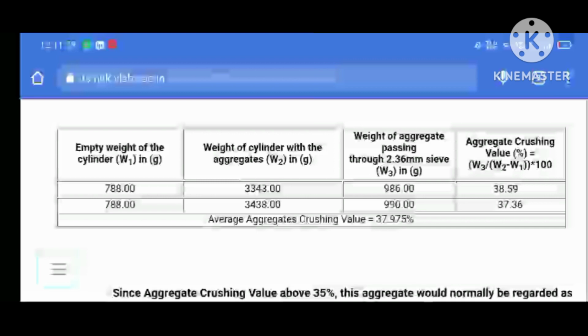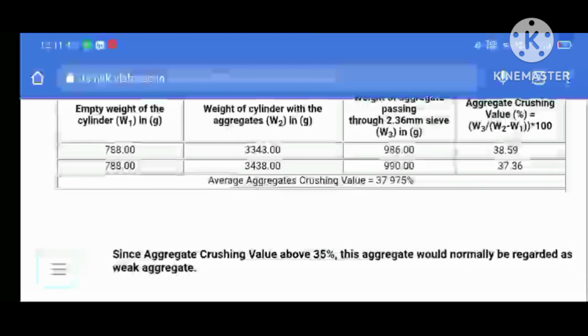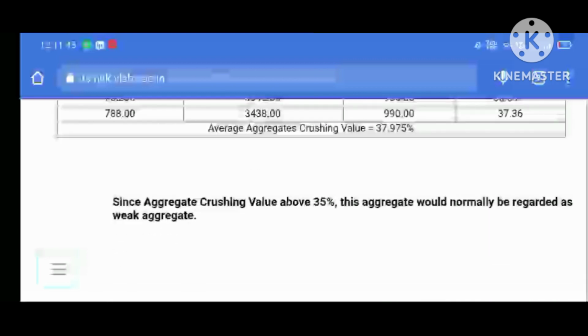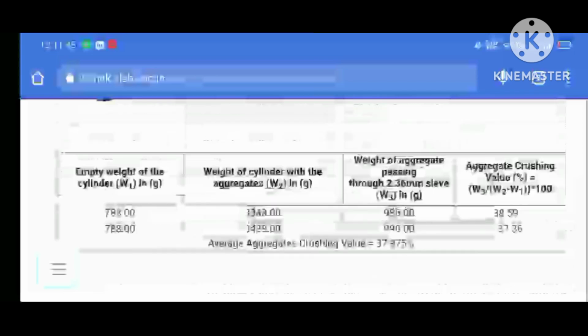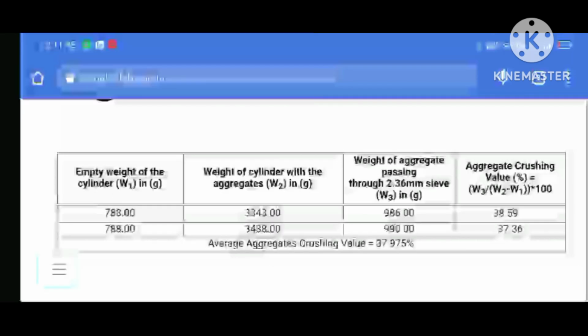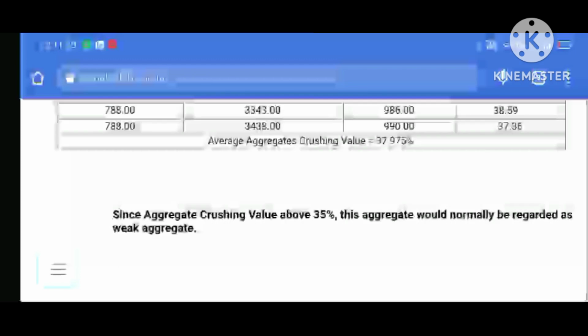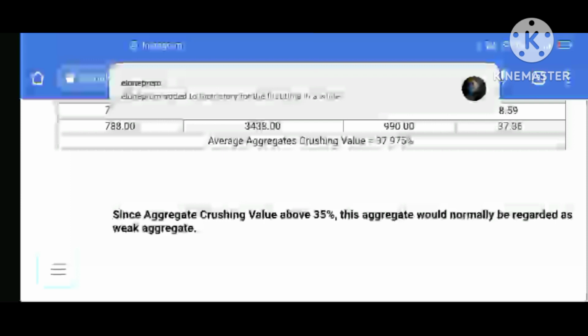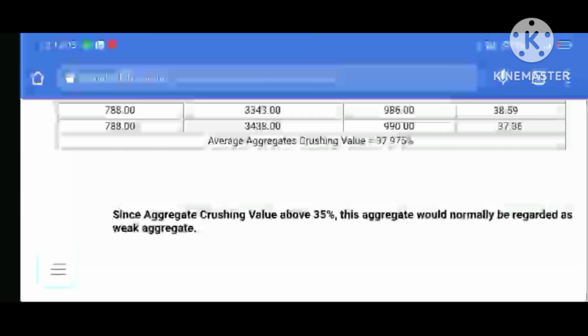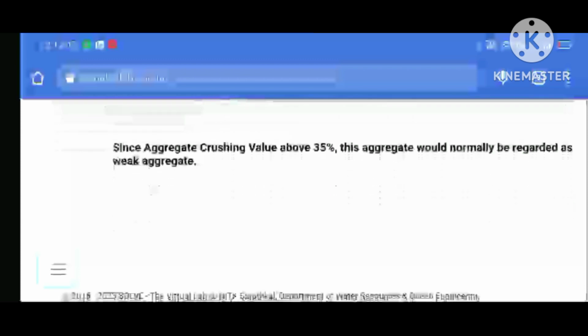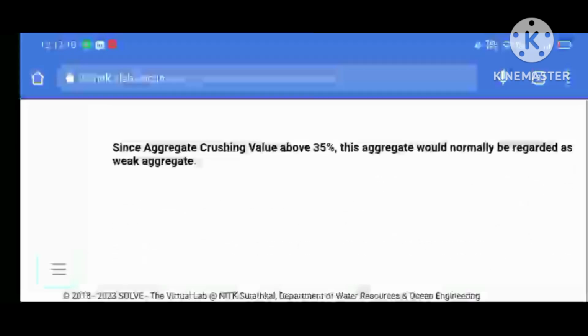I cannot go on because I have written the wrong calculation. It should be 38.74. The average aggregate crushing value will be 37.95. Since the aggregate crushing value is above 35%, this aggregate would normally be regarded as weak aggregate. It is also weak aggregate.